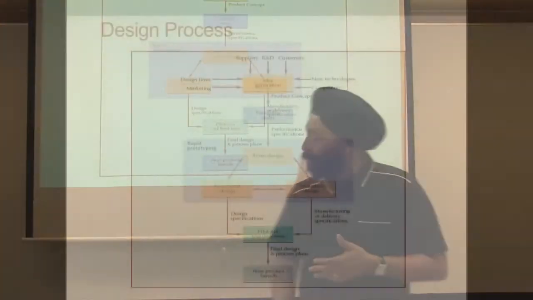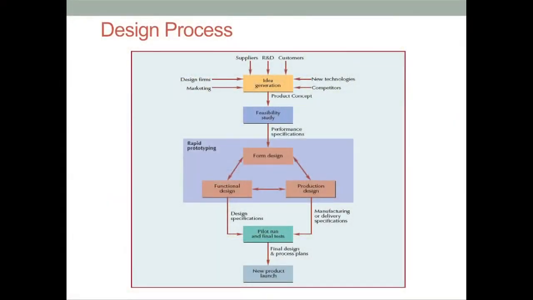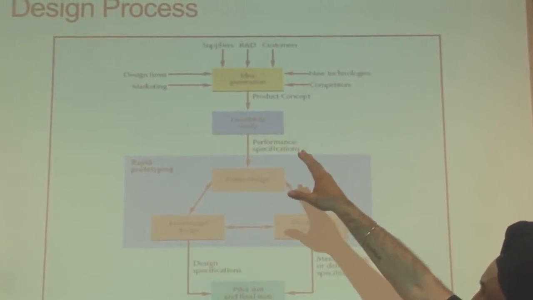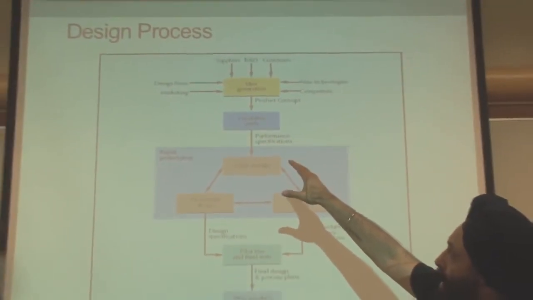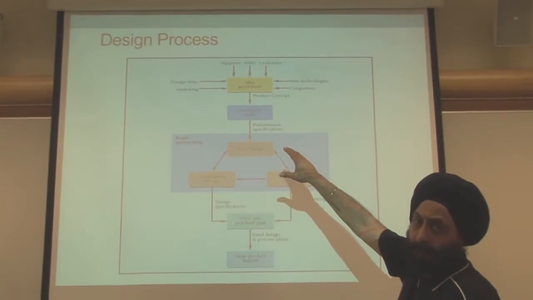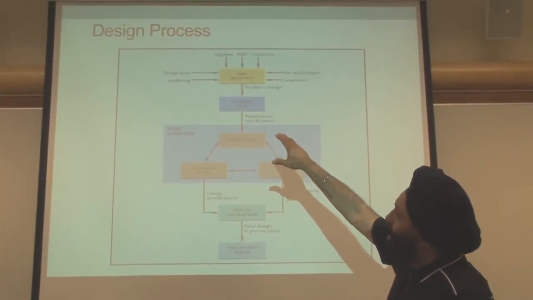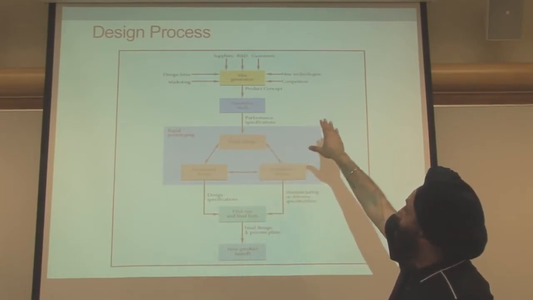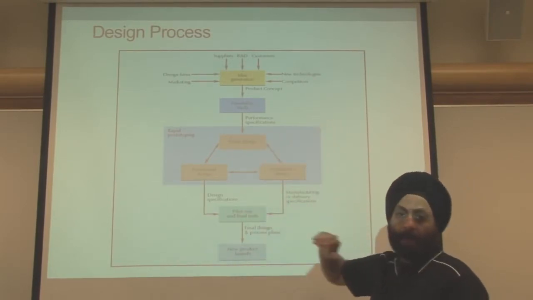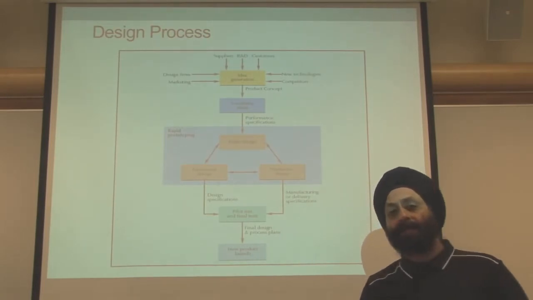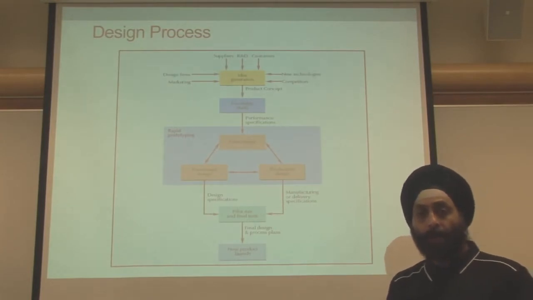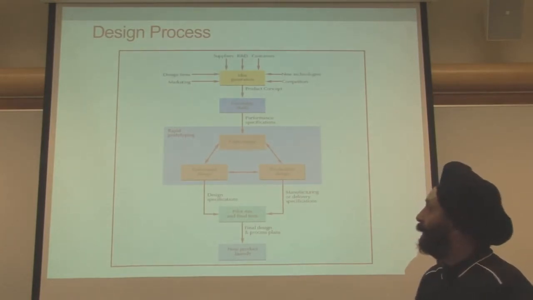In terms of design process, you can see how all the way from idea generation, which is actually being done along with design firms, marketing, which actually gets feedback from customers or people who are interested in purchasing the products for end consumer. Competitors, looking at reverse engineering some existing products and seeing what competition is coming up with, so that we can see what our product is going to compete against.